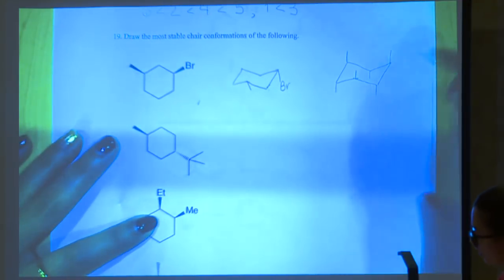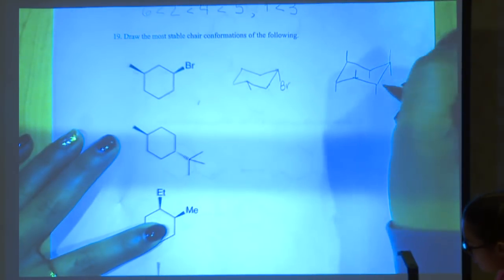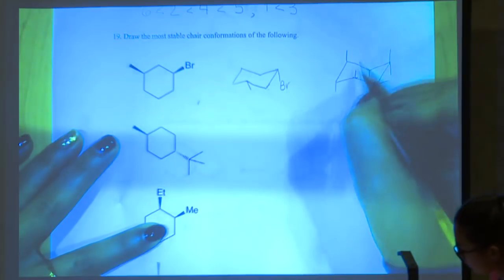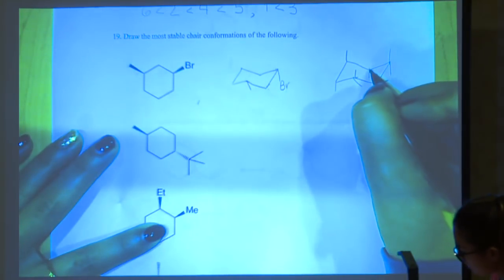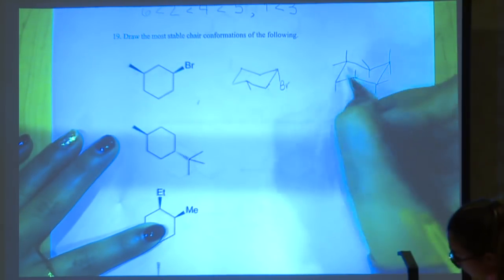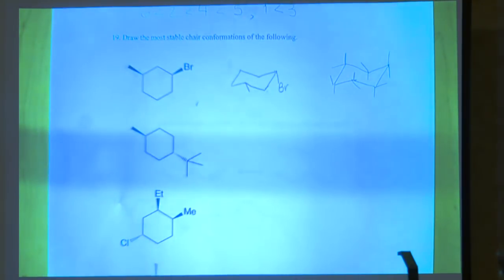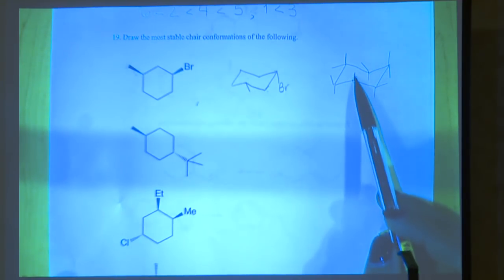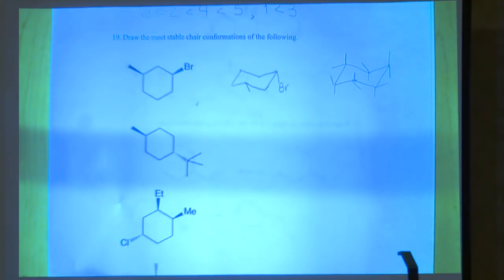And then our equatorial are just opposite: down, up, down, up, down, up. So say if the methyl was trans instead, then it would be axial instead of equatorial. Yes, it would have been axial and up, because it needed to be up. Make sense? So that's the scheme you'll always follow of where the substituents go, if they're axial or equatorial.